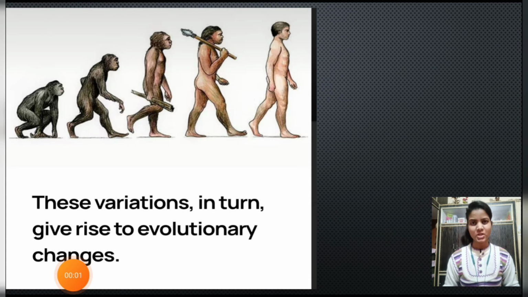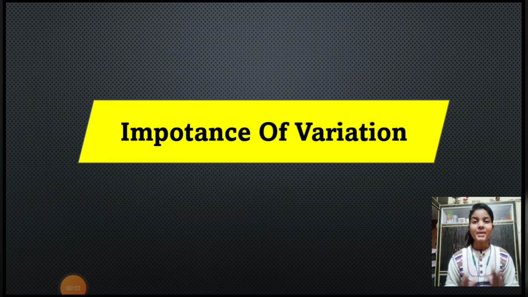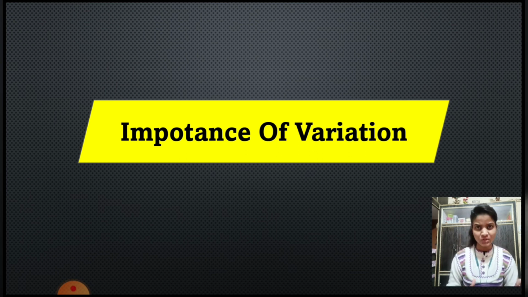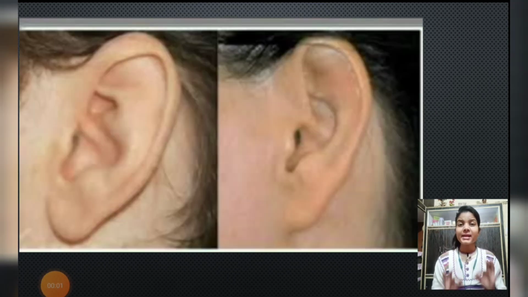These variations in turn give rise to evolutionary changes. The main advantage of variation to a species is that it increases the chances of survival in a changing environment. Free ear lobes and attached ear lobes are two variants found in the human population.